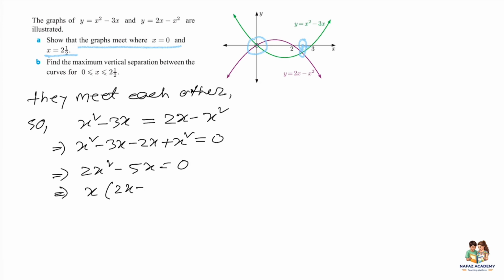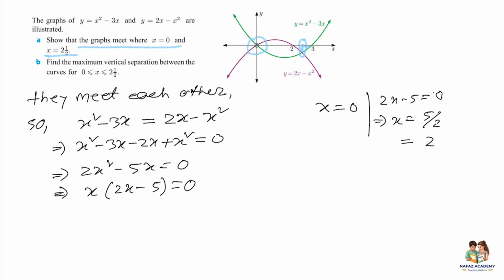Take x common, so x(2x minus 5). So x equals 0, and the other, 2x minus 5 equals 0, x equals 5 divided by 2, it is 2.5. Yes, 2.5. So x equals 0 and x equals 2.5 shown.